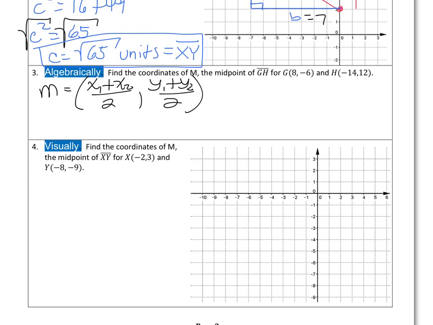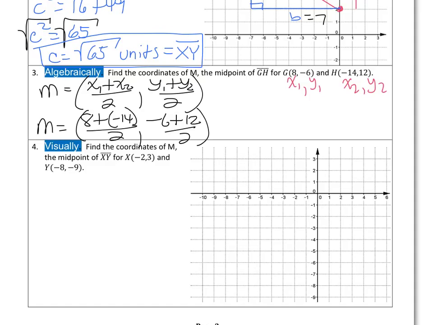It's the middle, or the average. So M equals, and I'm just going to assign G to be the sub 1s and H to be the sub 2s. And we're going to just substitute 8 plus a negative 14, I'm going to put that in parentheses, and negative 6 plus 12.